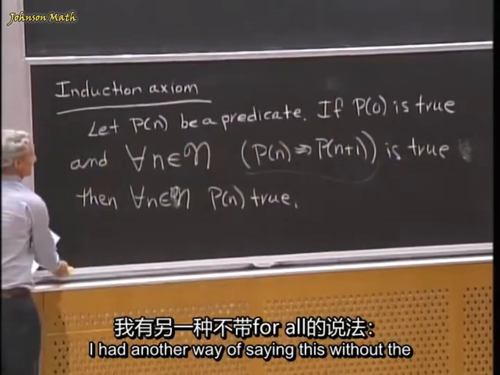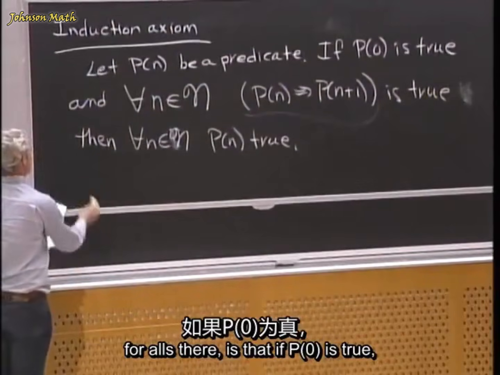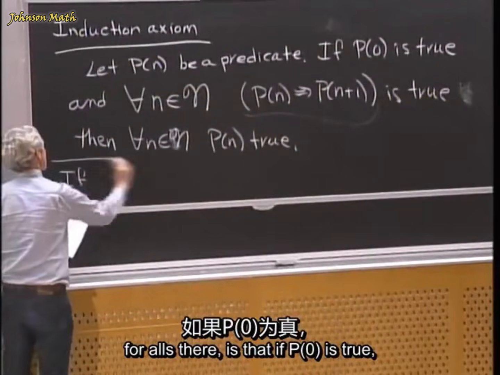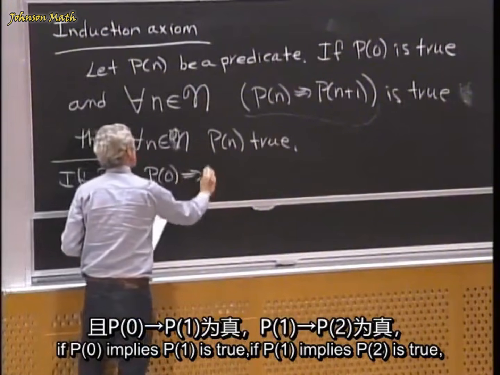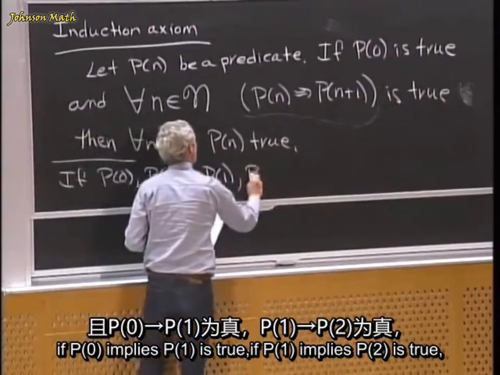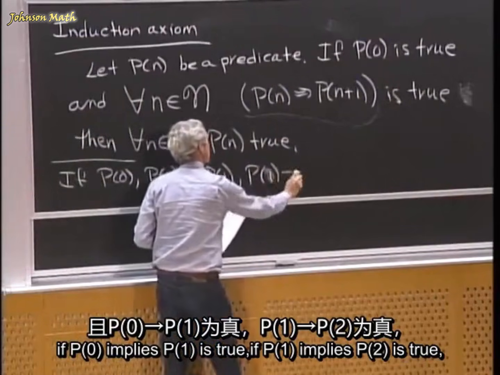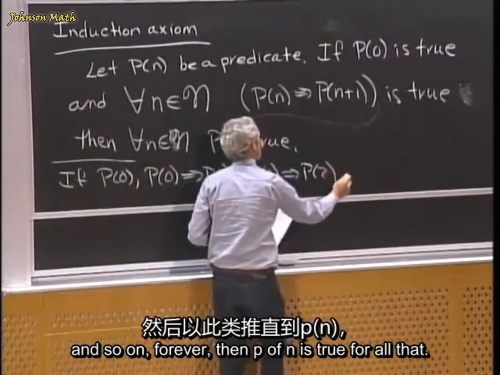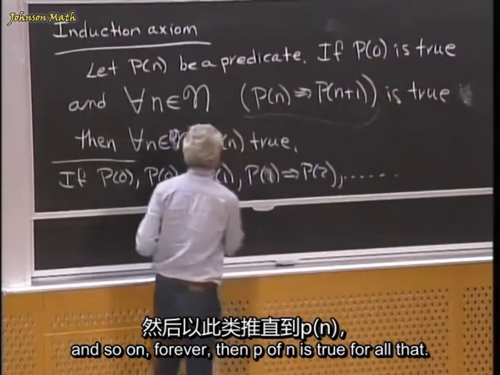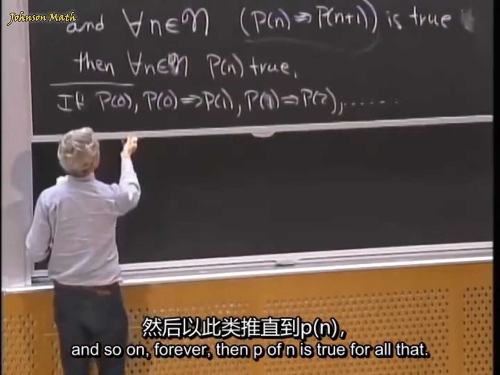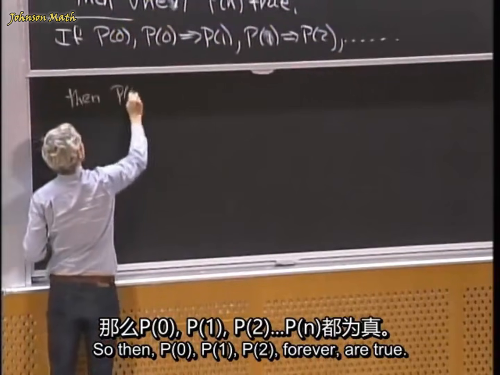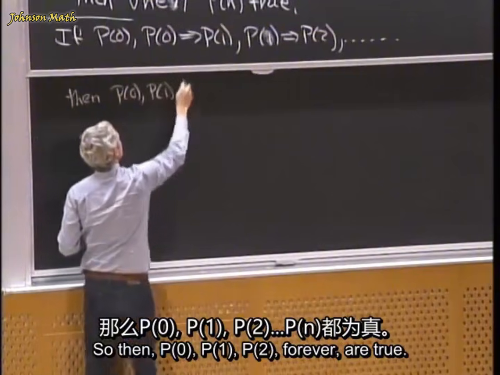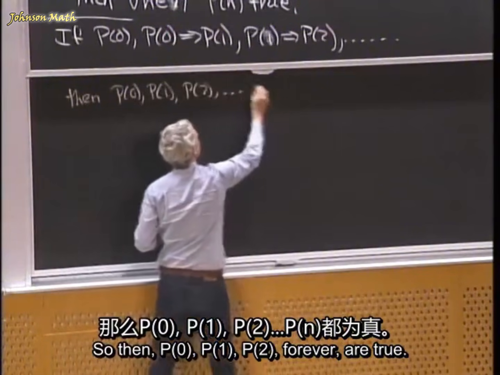All right, another way of saying this without the for alls there is that if P0 is true, if P0 implies P1 is true, if P1 implies P2 is true, and so on forever, then P(n) is true for all n. So then P0, P1, P2 forever are true.